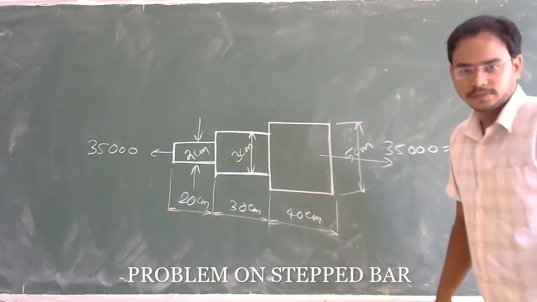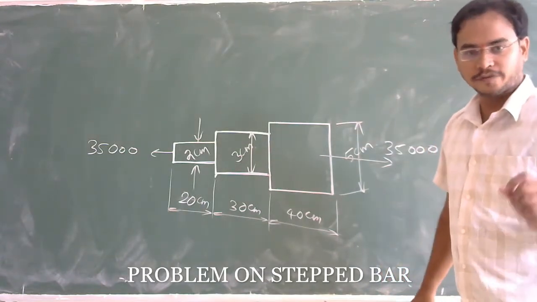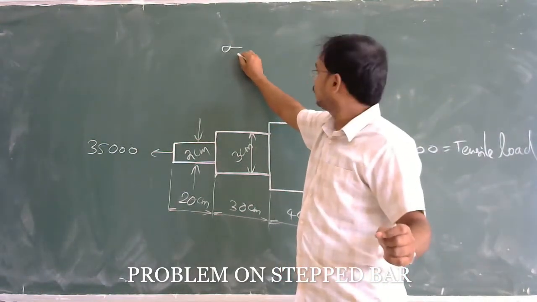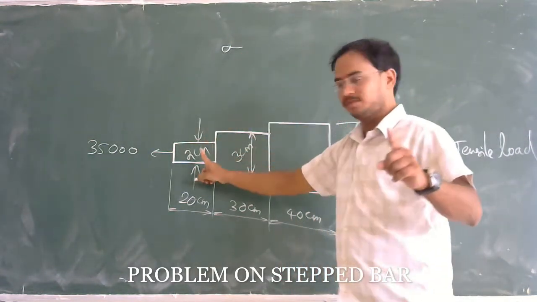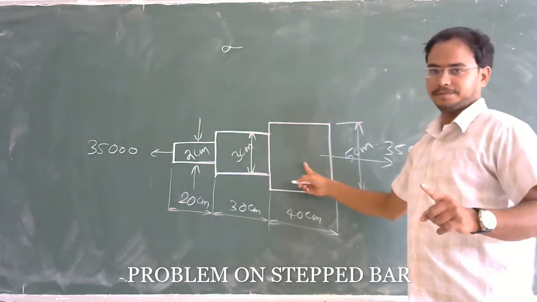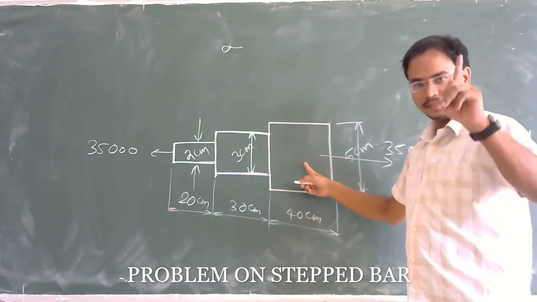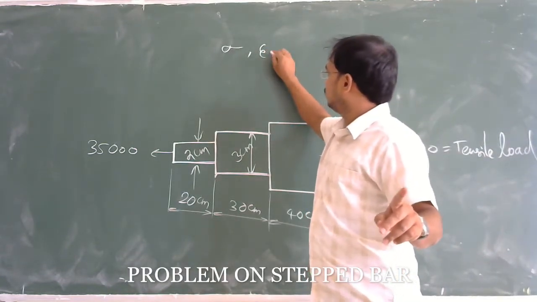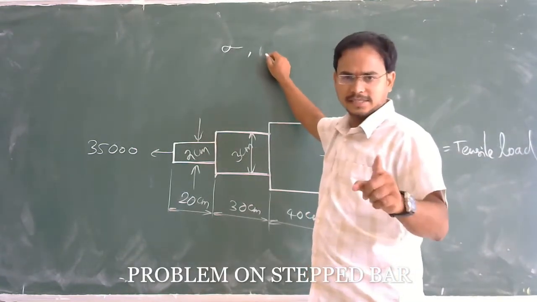Now, in the problem, he is asking us to find out stresses at each section. Each section means section 1, section 2, section 3. In 3 sections, we want to determine stress, and the second bit is change in length.